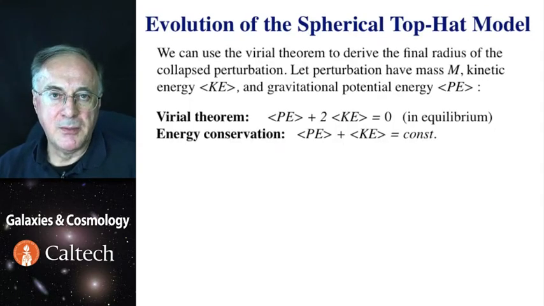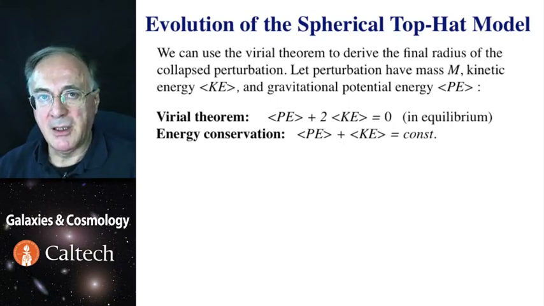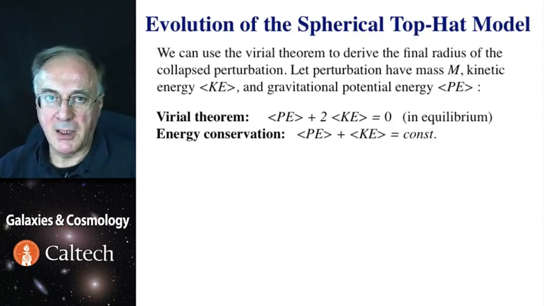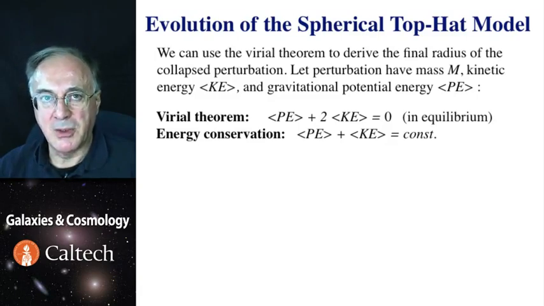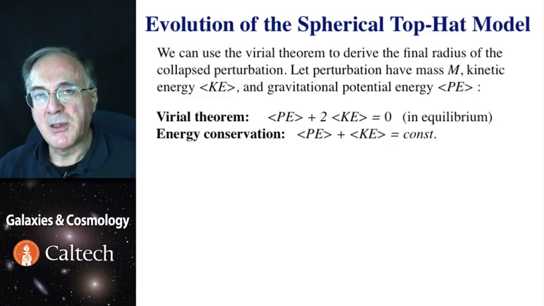But qualitatively, the density contrast, which is the difference between that line and the background line, grows as the universe expands. There is a turnaround radius at the turnaround time, and then there is a collapse that takes about the same amount of time as it took to get to the turnaround time, and the system ends up at some finite radius of the equilibrium state.